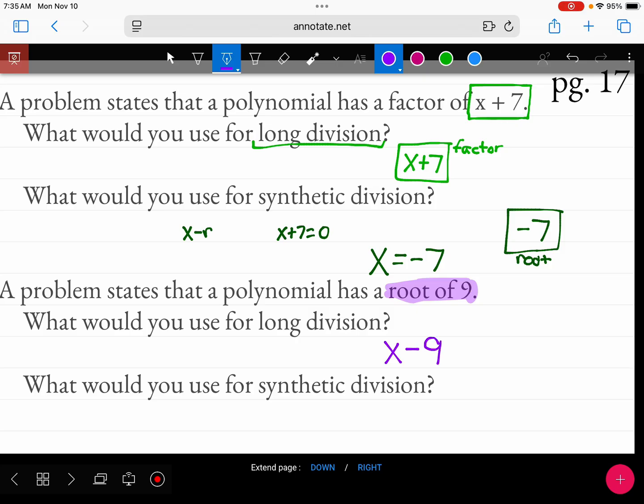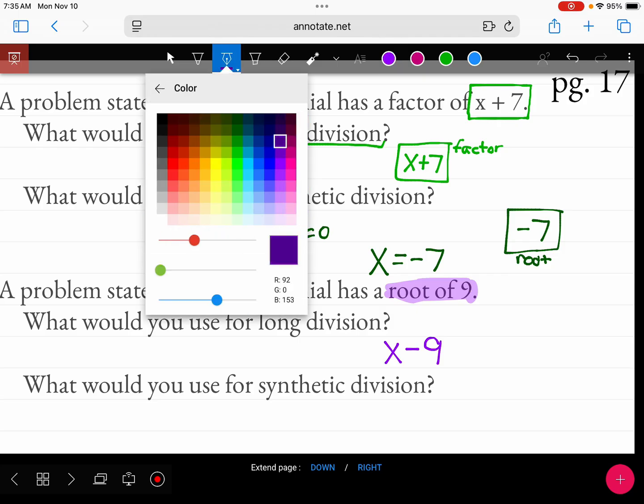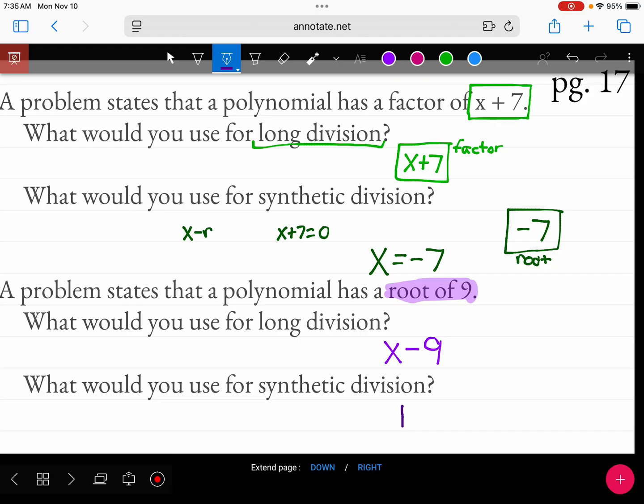That's how we put this into a factor. It's x minus our root. For synthetic division, we just use the root. So our root for synthetic division is just that 9. So it's really, really important. When we're working with long division, we use the factor. When we're working with synthetic division, we're going to use the root.